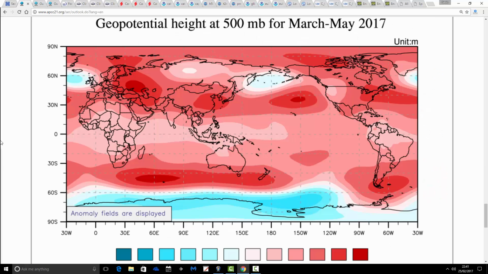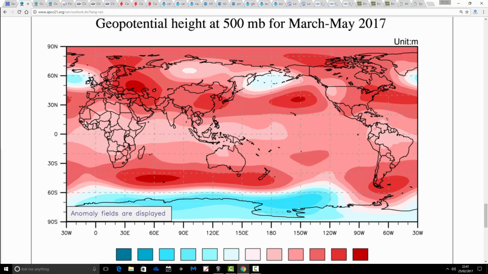APEC next, and this is a collaboration of various Met agencies. I think the Bureau of Meteorology in Australia is in with this, as is the JMA, but the main driving force behind this model is the South Korean Met Agency. So this is 500 millibar height anomaly for the spring. It's placing a trough out to the west, and it will be bringing the flow in rather like that.